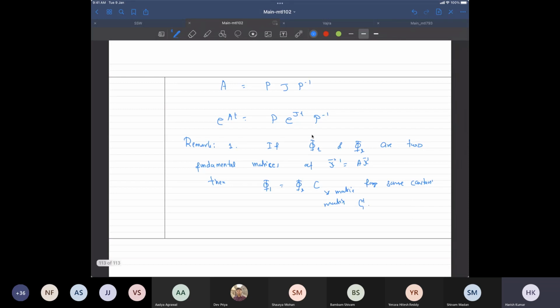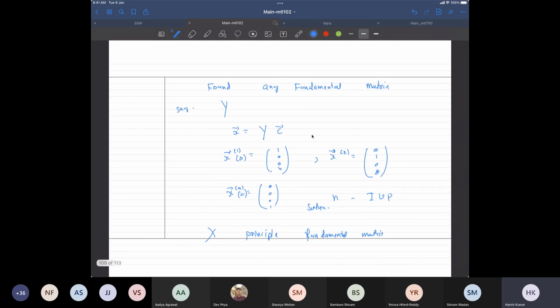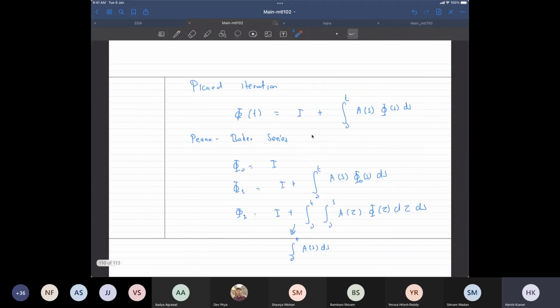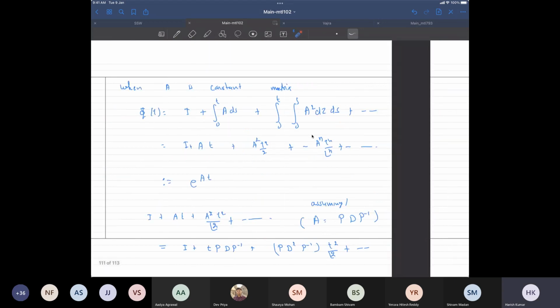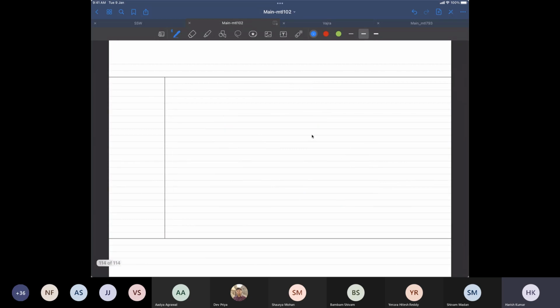Let's go back to the discussion we were having here: given any fundamental matrix Y, how to find the principal fundamental matrix, and that is pretty easy as I was trying to explain there, and then I left it. Assume that phi is a fundamental matrix. Let us write it in the next one, remark 2.